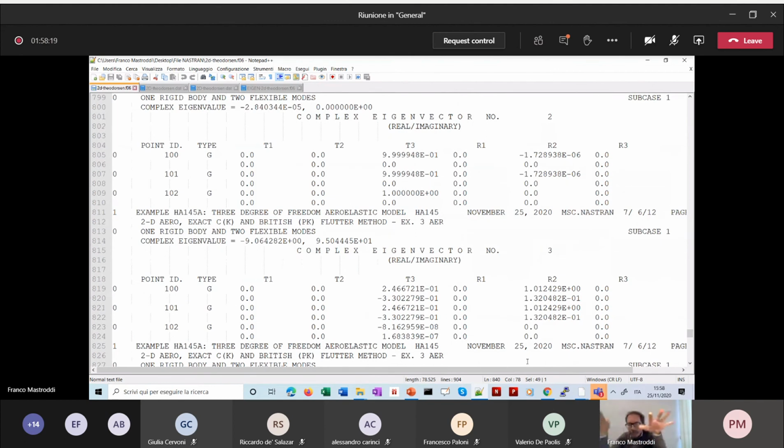This is just a view for you to see what we have to understand in order to go deep in our analysis.